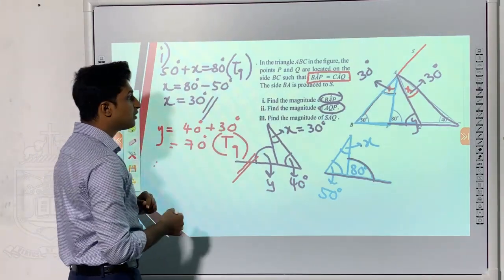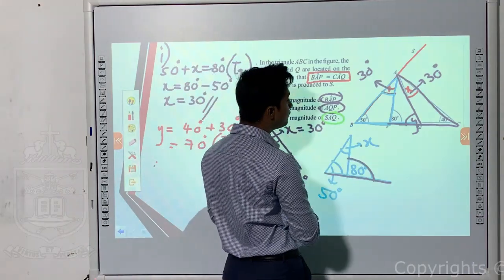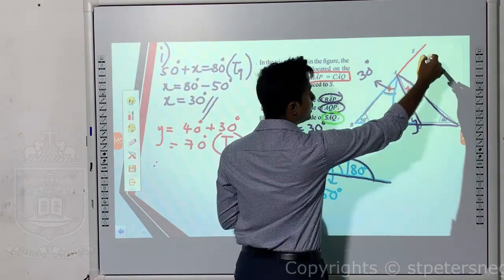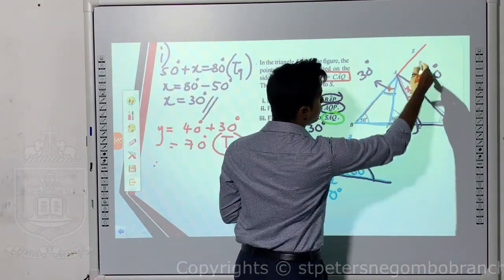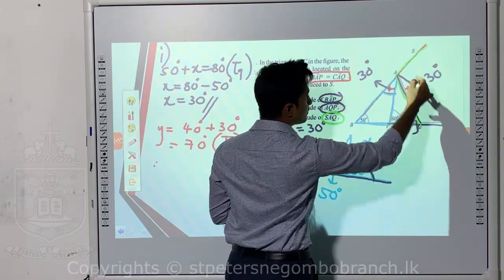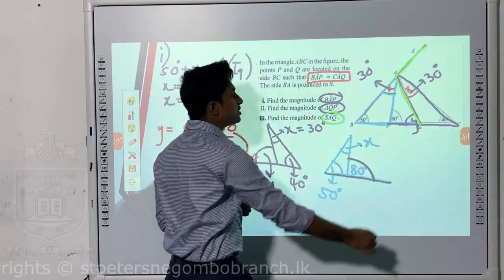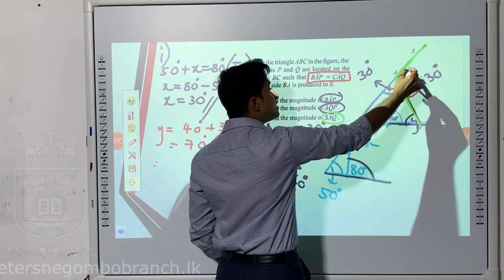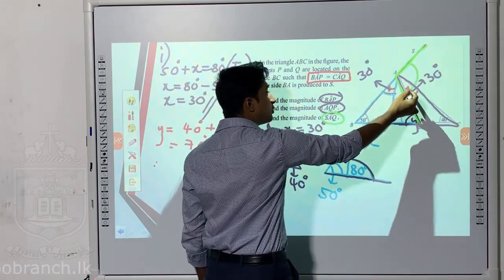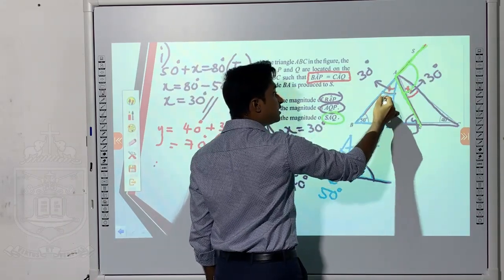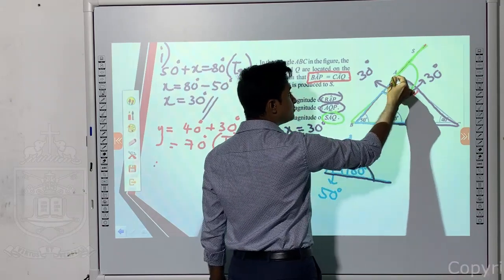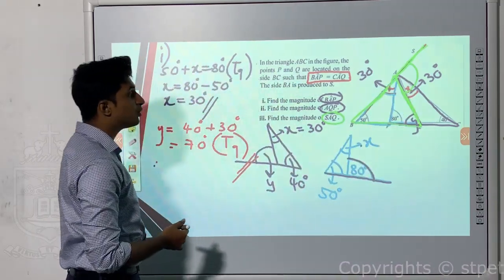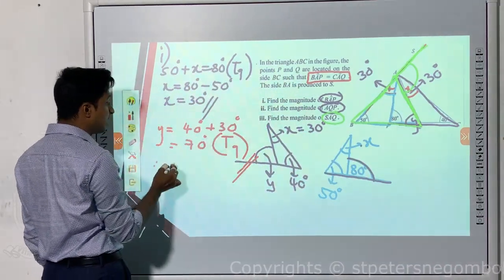The last one. Find the value of SAC. SAC is going to be this angle. So I can see this is the exterior angle they are talking about. This exterior angle comes to this whole triangle, right? That is the whole triangle.